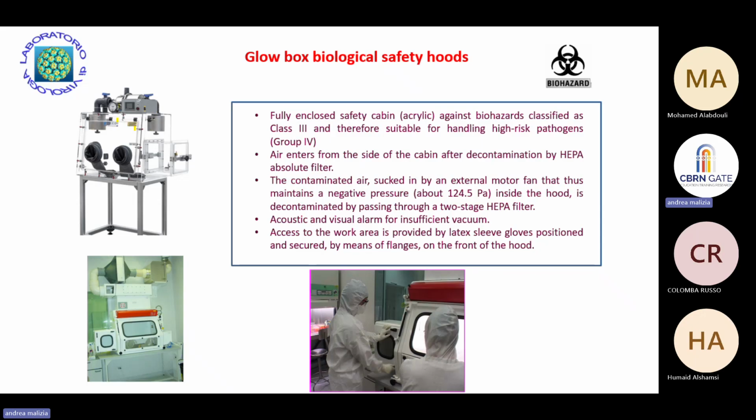For example, if in BSL-3 plus the environmental pressure is minus 30, in the cabinet I have a negative pressure of minus 50. Therefore, there is no problem, and you can manipulate the pathogen level 4.